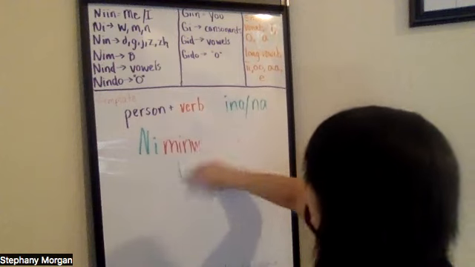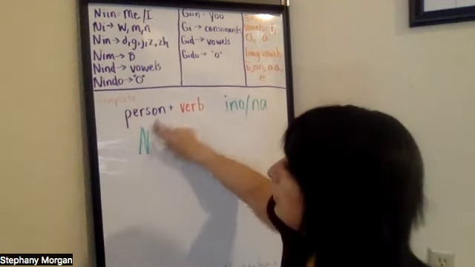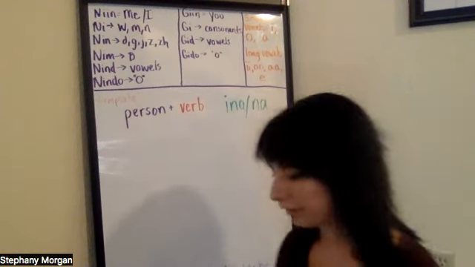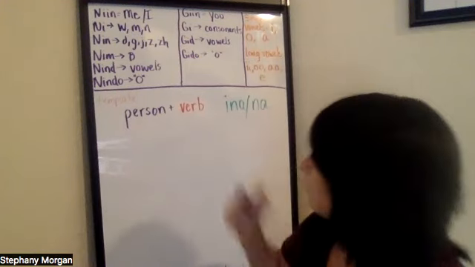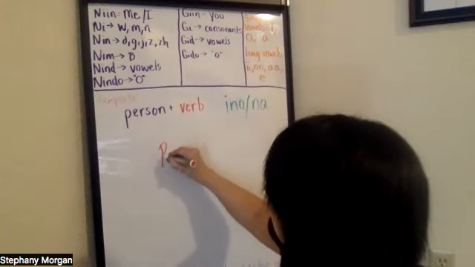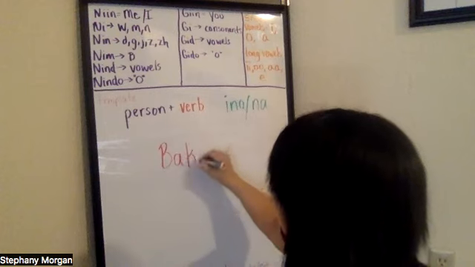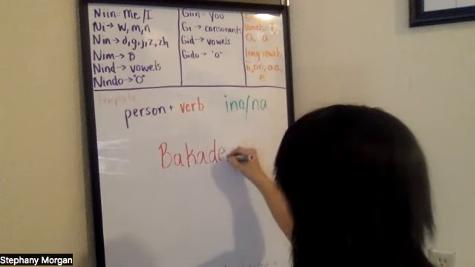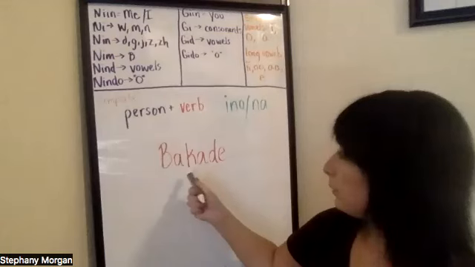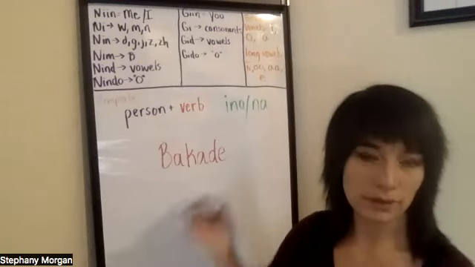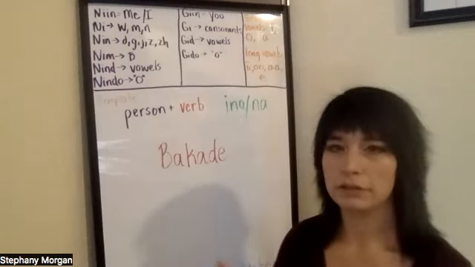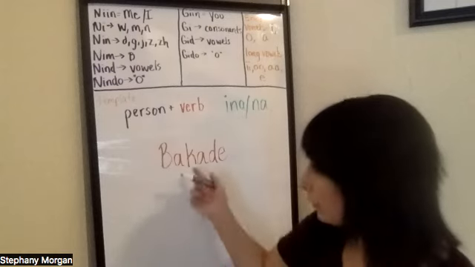Let's try bakade. That one most people are familiar with. Bakade, he or she is hungry. Let's try it with him. Remember, he or she is already built into the word. It's happening right now, presently. So he is hungry. That's what this is saying.